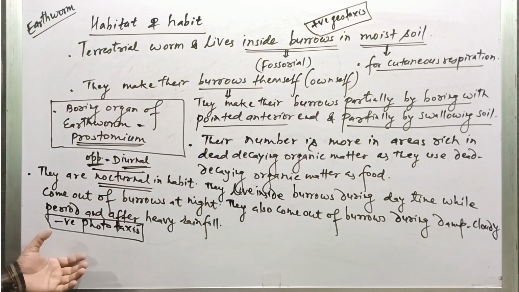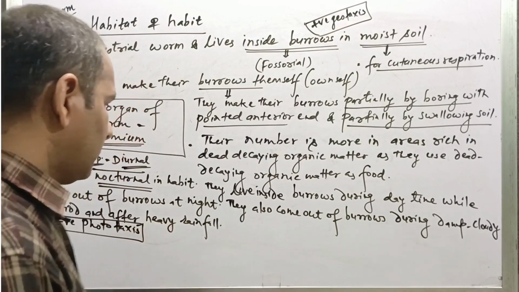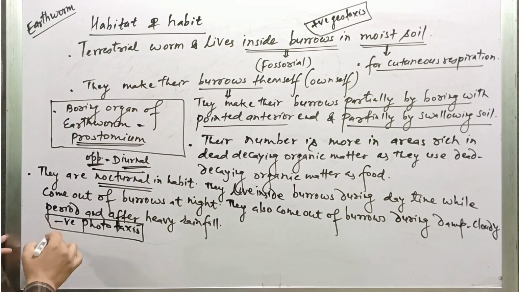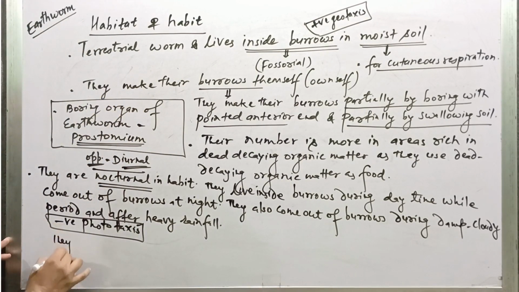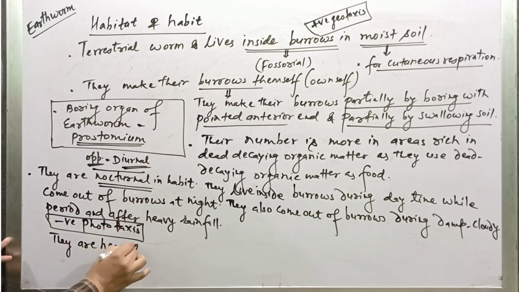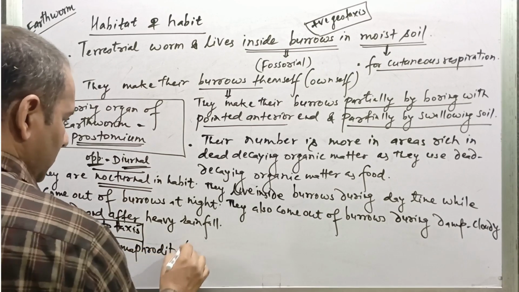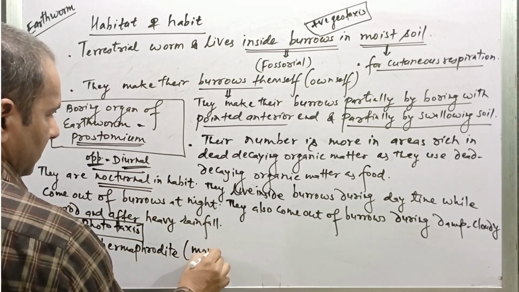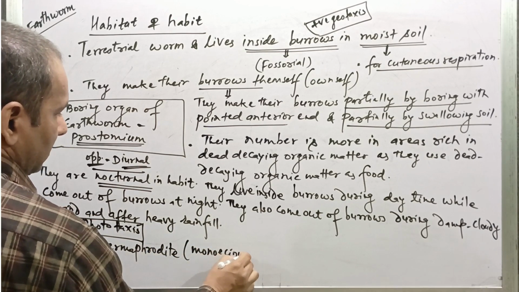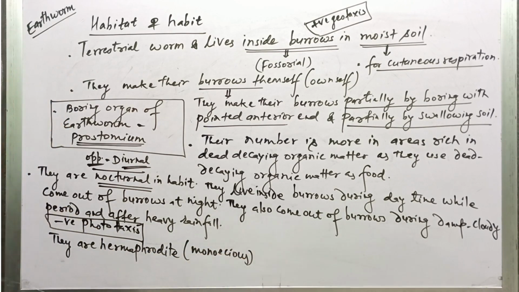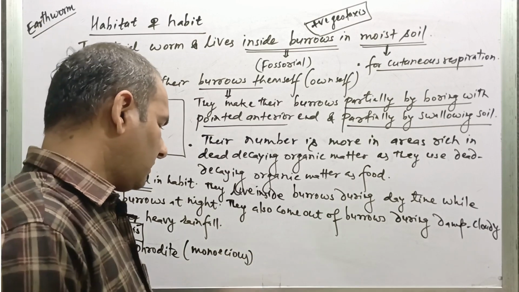Now, after that, they are hermaphrodite. Hermaphrodite means monoecious or bisexual, having both male and female reproductive organs.